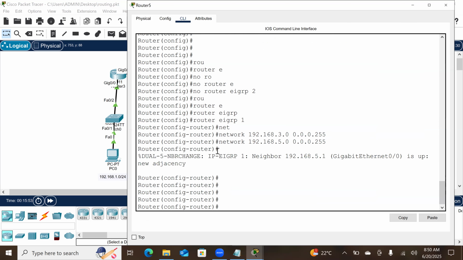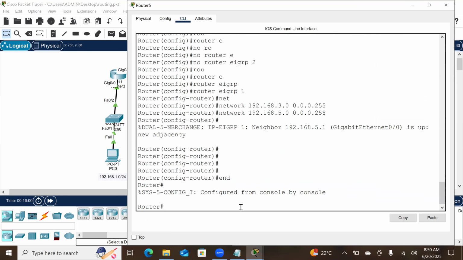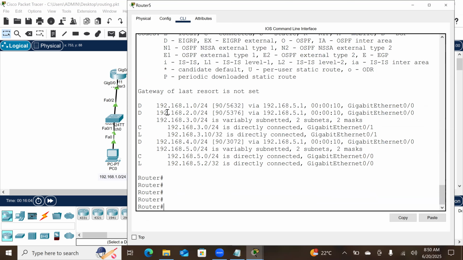Done. Now we can say neighborship got established. Okay. Now if you check show ip route, there it goes. It is having three routes, 1.0, 2.0 and the 4.0.